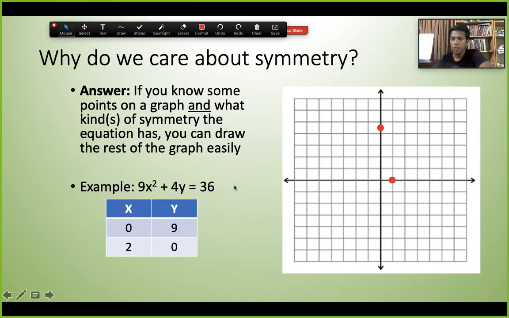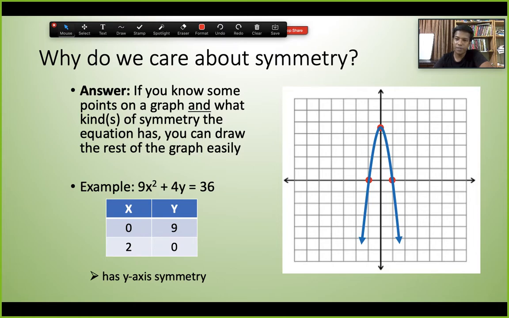Yeah. So now, if you already know that this equation has y symmetry, then you know that if there is a point here, there must be another point on the other side, because it has y symmetry. So to be y symmetric, there must be another point here, another point here. And once you know there must be one point here, another point here, and a single point on the y-axis, that means the graph is going in this direction. So we can draw the graph without any further calculation.